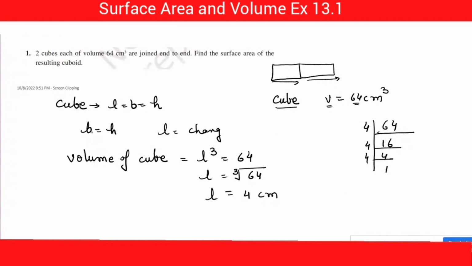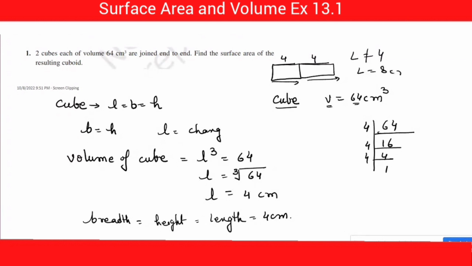Now that means breadth is equal to height is equal to length, all are equal to 4 centimeter. But when we join these two cubes, this is 4 centimeter and this is 4 centimeter. So length is not equal to 4 centimeter. Length becomes 8 centimeter.